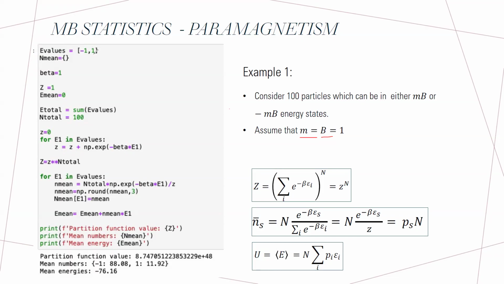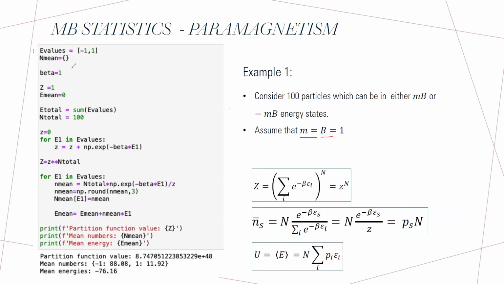So minus 1 and plus 1, those are the energy values, because we consider that m is equal to b is equal to 1. So minus 1 and plus 1 are the energy values.